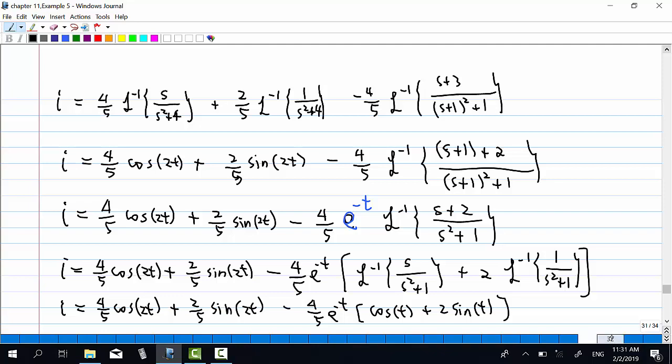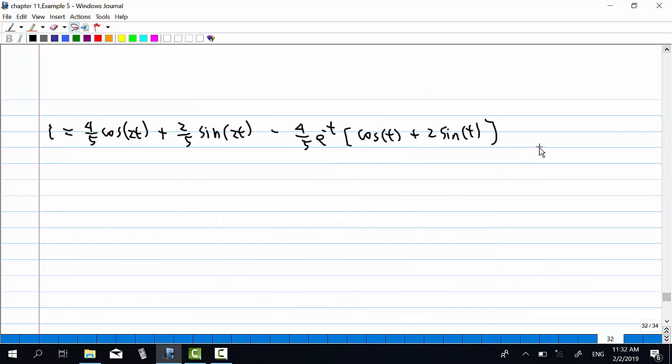And this is the final answer for the current. We are going to explore what this means. The current is a sum of two solutions. There are two portions of the solution. One is the steady state solution, which is this one. This is a solution that always stays there.